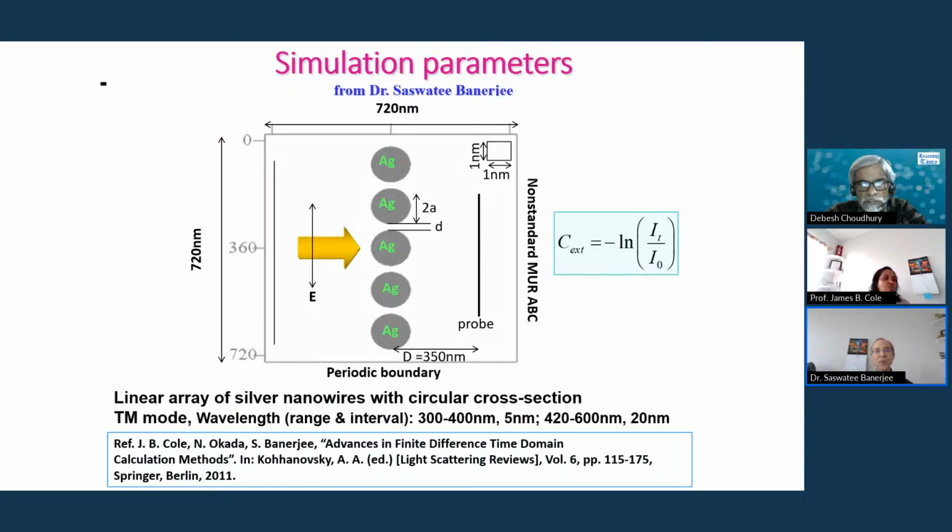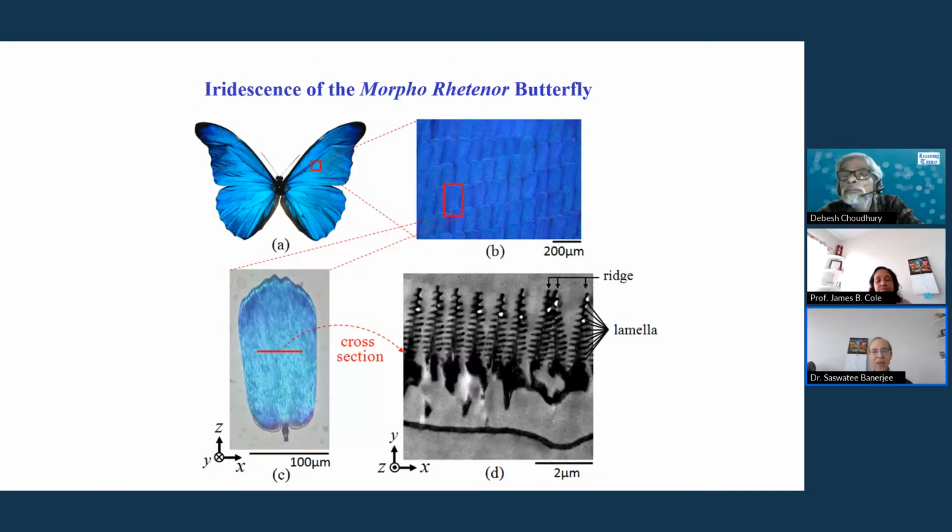All right, this is some of the work that my colleague, Dr. Banerjee, has done, and I'm not going to discuss this. I think she will give you a good presentation about it. We use the FDTD method, and she has extended this to when there is dispersion in the metals.